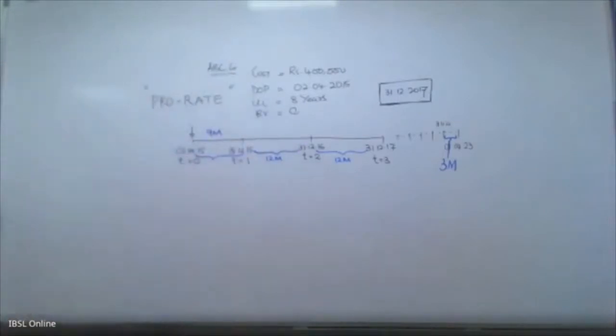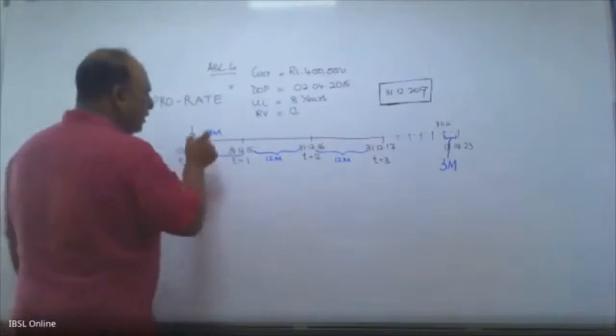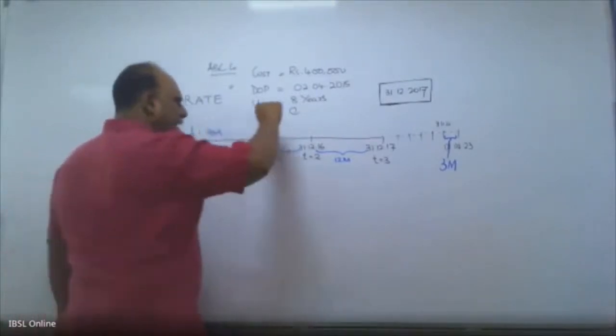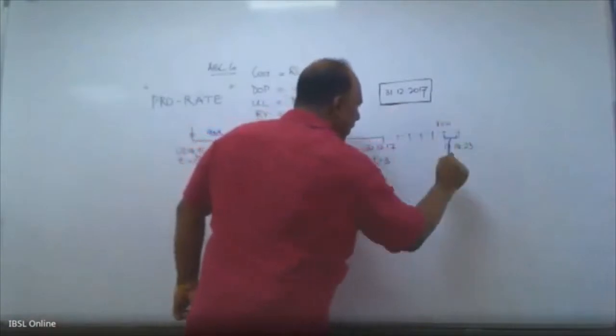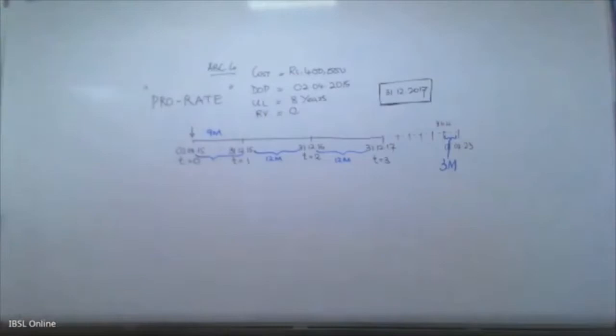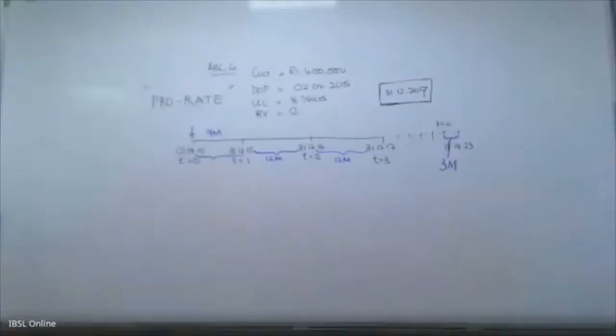So in the first financial year, I will depreciate only 9 months, and in the last financial year, only 3 months. Is that understood? If that is the case, let us now calculate the depreciation.